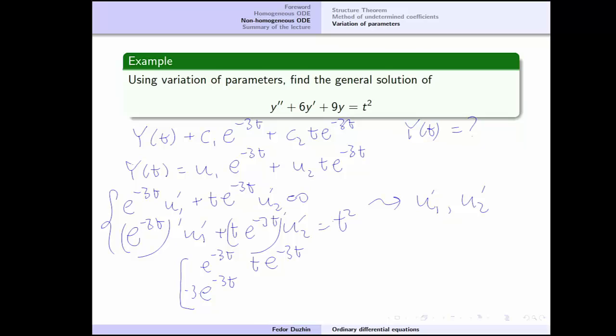Then the derivative of t e to the minus 3t is going to be, t prime is 1, so it is e to the minus 3t plus t times the derivative of e to the minus 3t, so I will write minus 3t e to the minus 3t. And the right hand side is 0 and t squared. Okay?